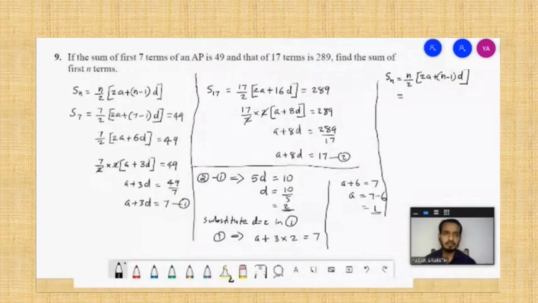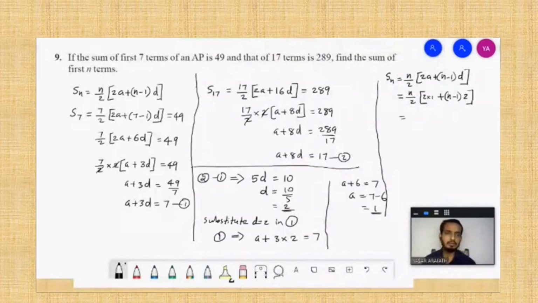So here you will get n by 2 into 2a. 2a means here a is 1. So 2 into 1, right? So 2 into 1 plus n minus 1 times d. And d is what? d is 2. So we write 2 here. And in next step, here 2 is common, so you can take it outside the bracket.